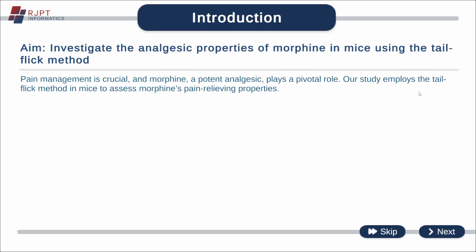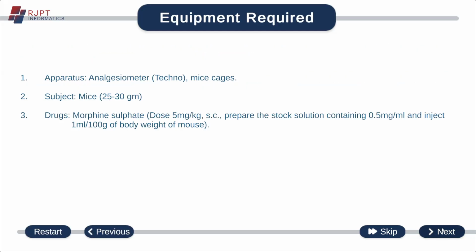Our study is based on pain management and the effects of morphine on it. We are going to use the tail flick method in mice to assess morphine's pain relieving properties.